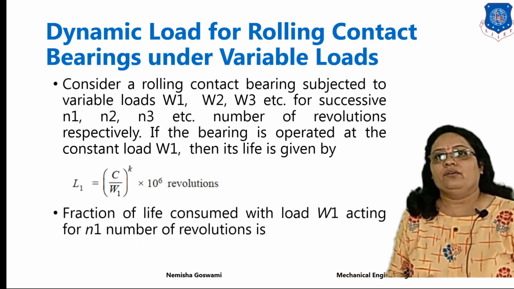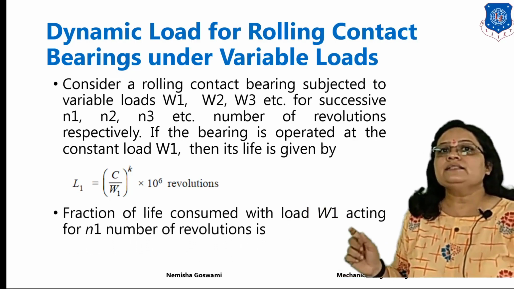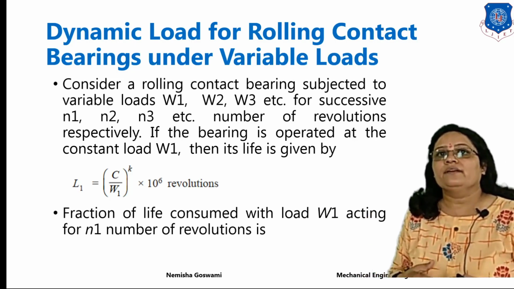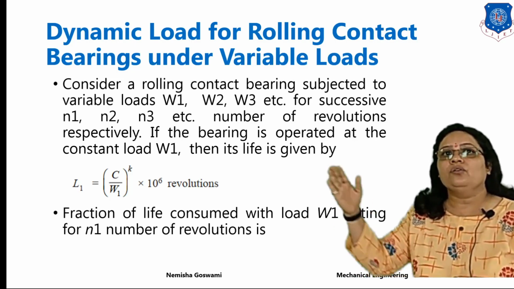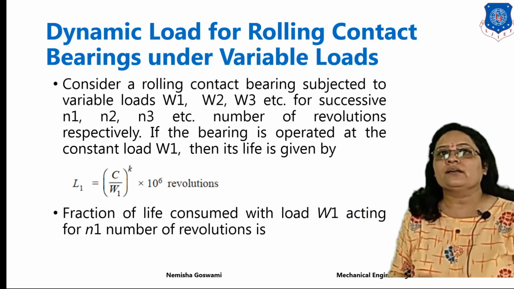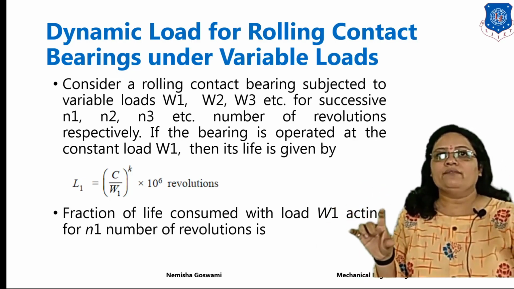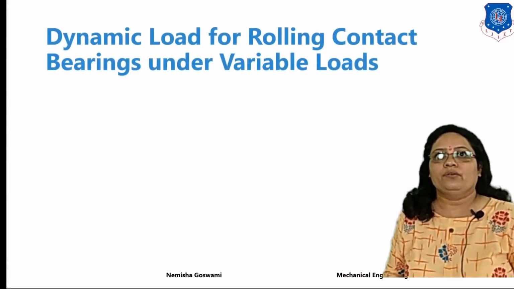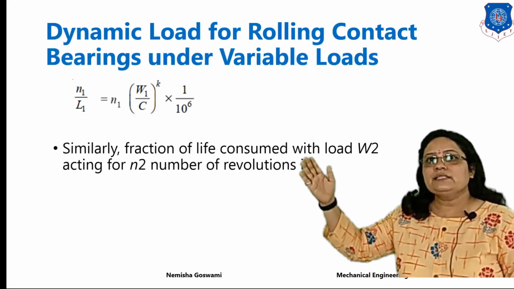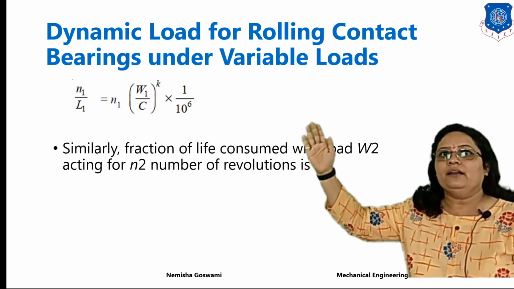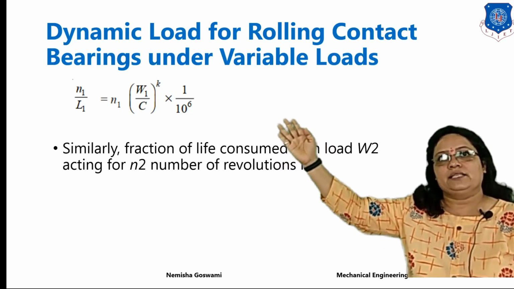Similarly, the fraction of life consumed with load W1 acting for N1 revolutions is equal to N1 divided by L1, so we multiply by N1 on both sides and get this equation.